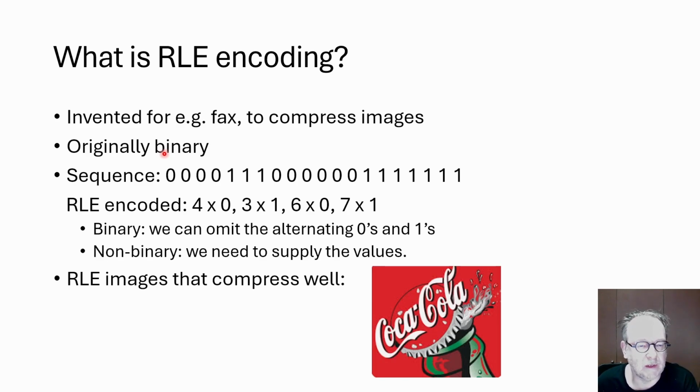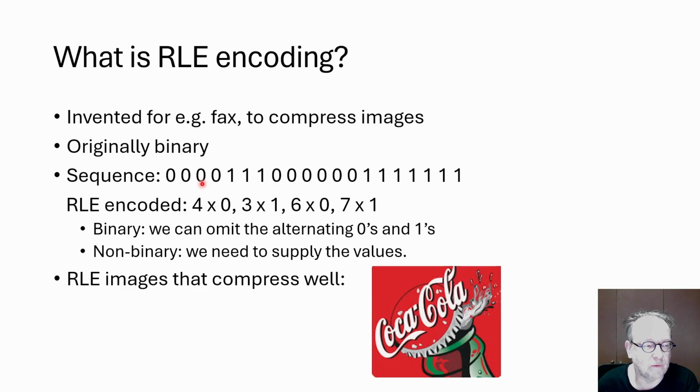Using RLE, instead of sending the same character over and over again, we send how many times a character is occurring. So 4 zeros, and then we send the 4. 3 ones, then we send the 3, etc. In binary, we don't need to send the value of what is counted, because it is basically alternating between zeros and ones, right?